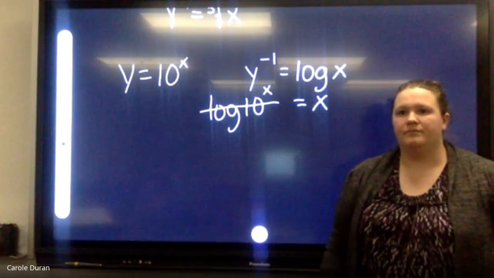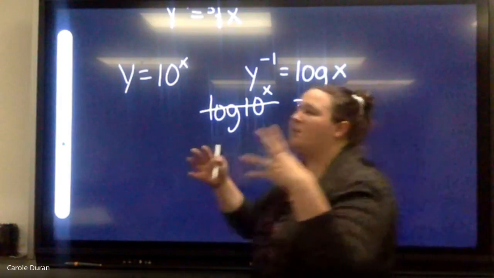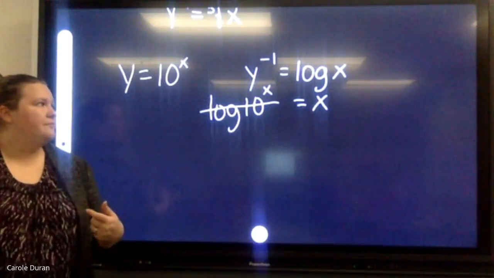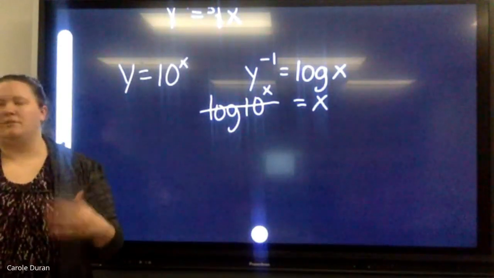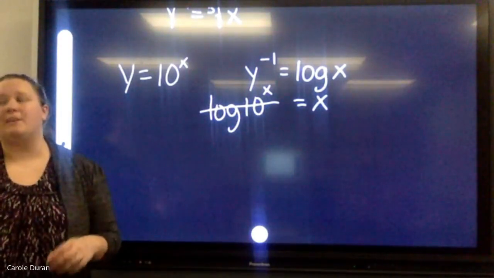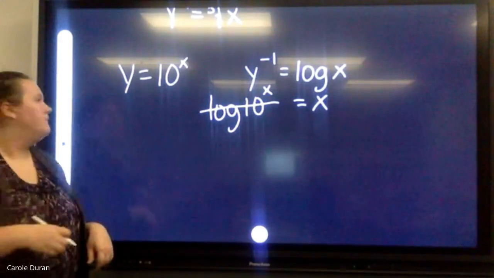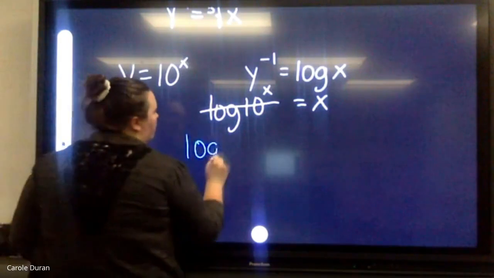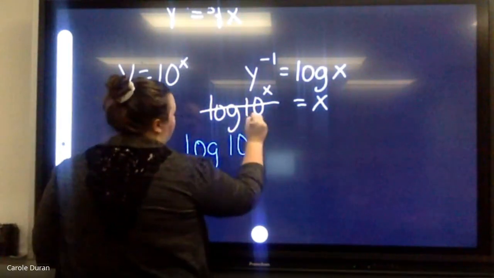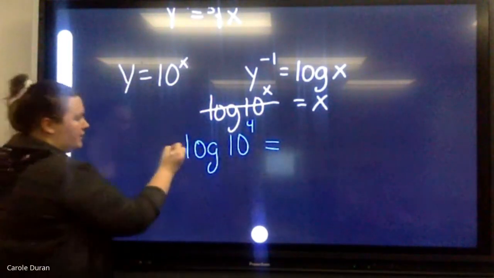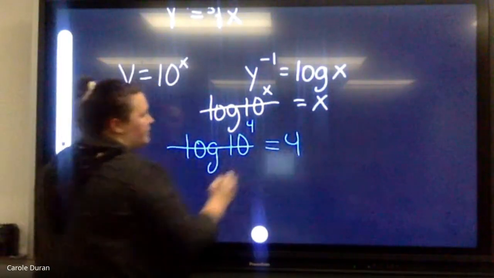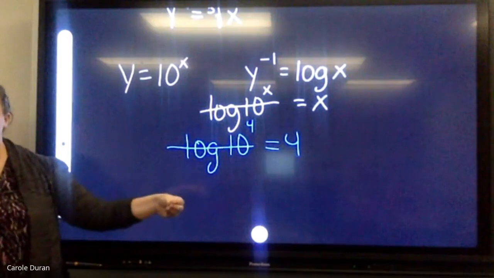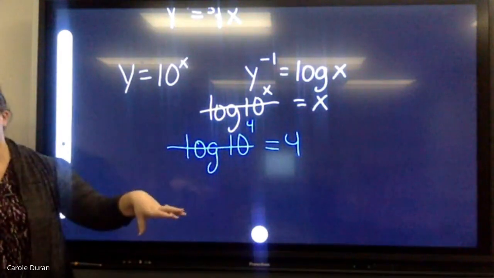Log is automatically base 10, yes. So if I had log base 10 of 10 to the 4th power, the log and the 10 cancel each other out, and the answer is just 4. So anytime you have log 10, it's going to go away.